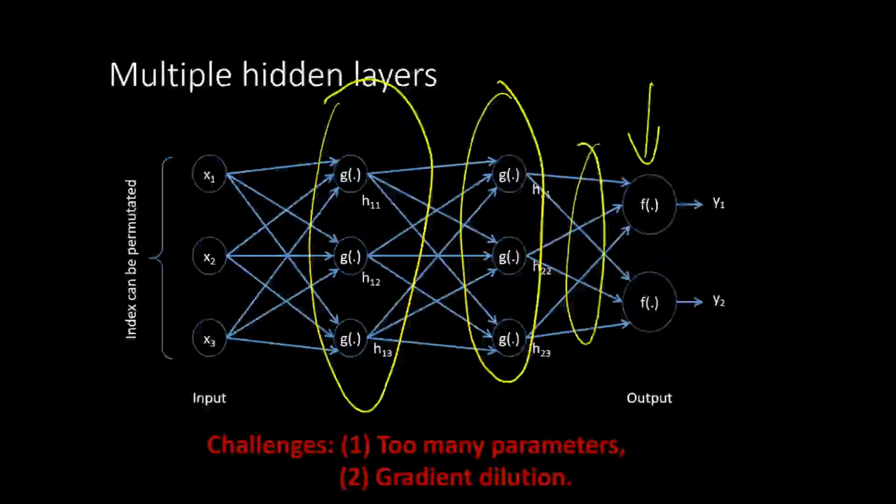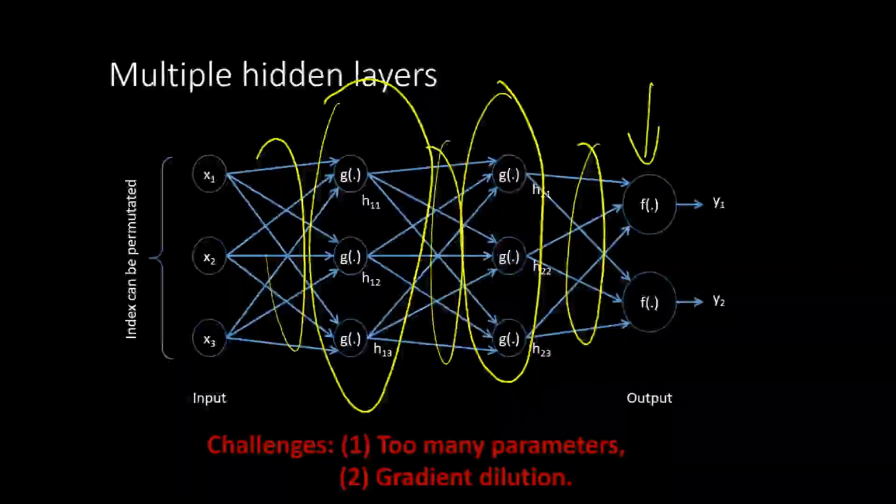You have a set of weights here, here, and here. So you have 3 weight matrices in this particular neural network, and you can keep increasing. We can have more than 2 layers also. For now, we will just study a single hidden layer. The problem when you increase the number of layers is that you get too many parameters, and you get something called gradient dilution that we will study a little later.